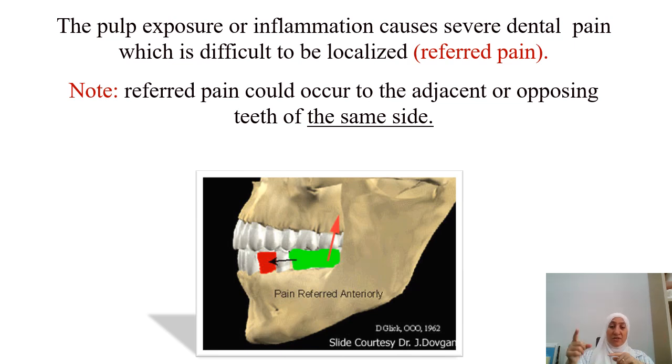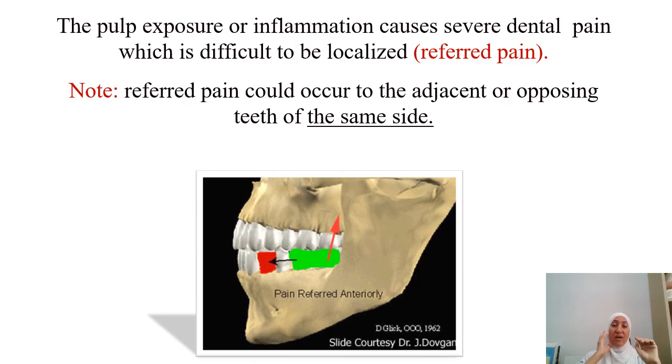But if the patient comes to your clinic and mentions this tooth is painful, as the patient localizes the painful tooth, this is most probably periodontal ligament infection and inflammation and disease in the periodontal ligament.